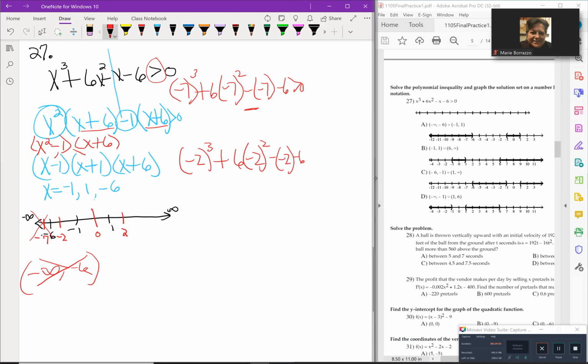So this is going to give me negative 8, this is going to give me plus 24, and this is going to give me positive 2. I'm already thinking, yes, this is going to be greater than 0. So this is definitely a positive number. So the interval from -6 to -1 is good.